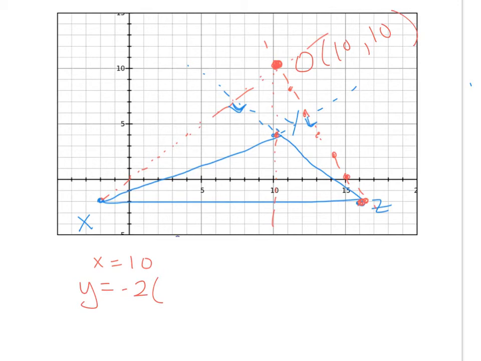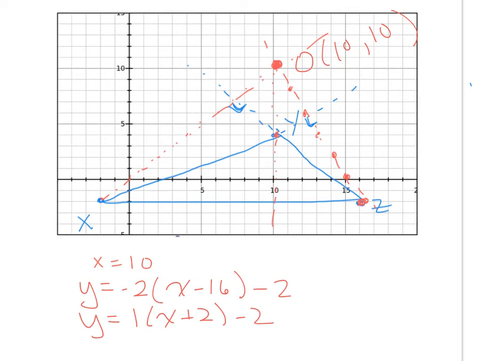But we'll use point Z in our altitude equation because it's going from point Z. And then the equation of the altitude from X to YZ is y equals 1 times x plus 2 minus 2, using the point X.